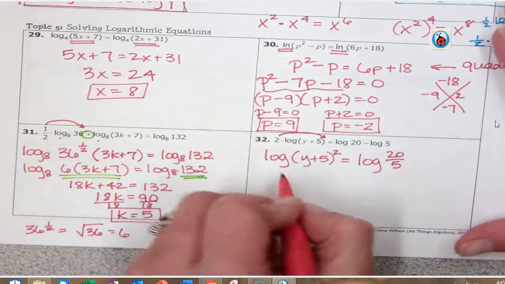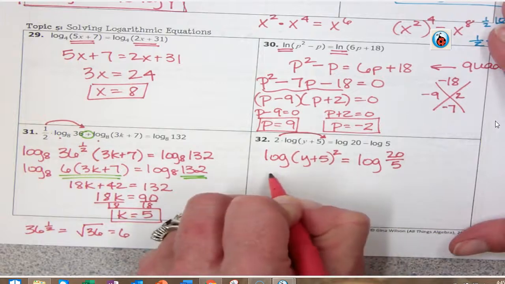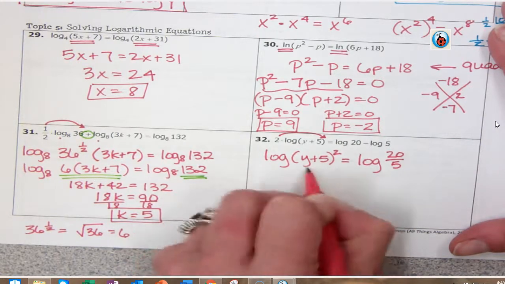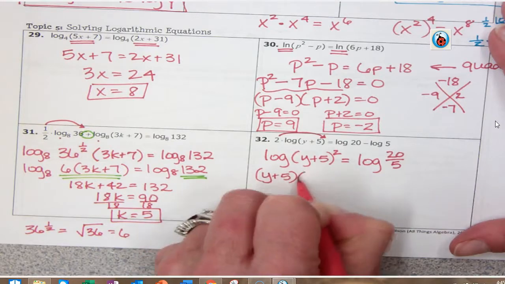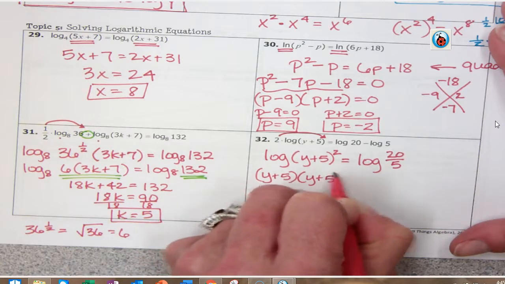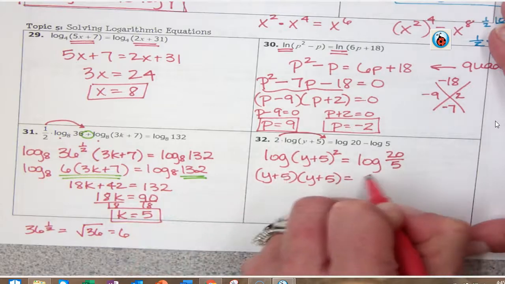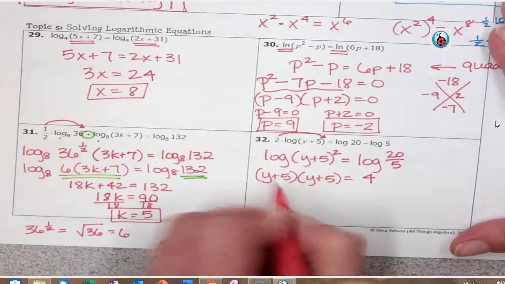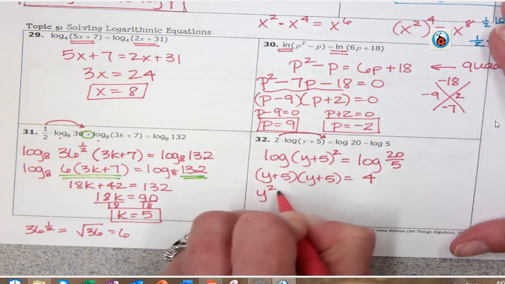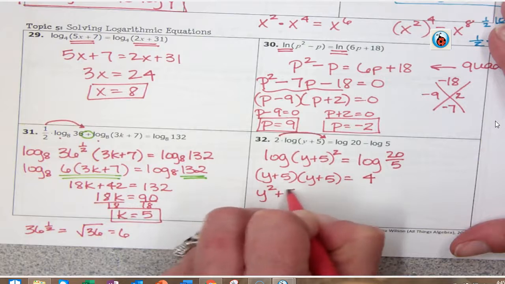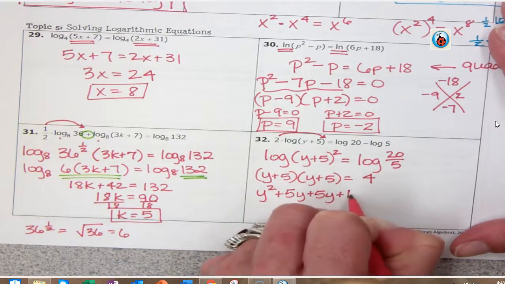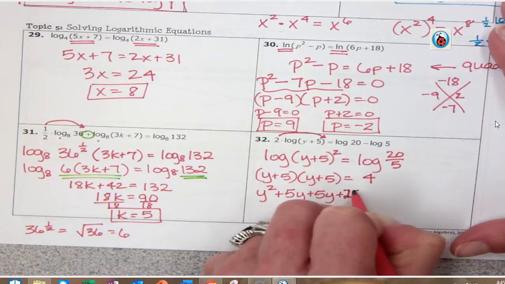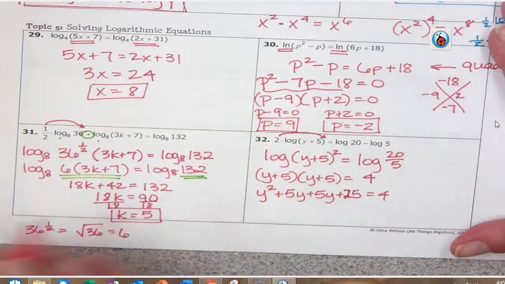All right, so now you've got y plus 5 squared, which is y plus 5 times y plus 5, equals 4. You're going to get y squared plus 5y plus 5y plus 25 equals 4.